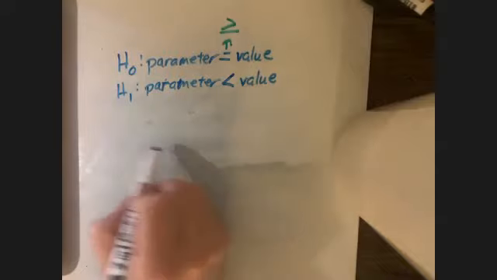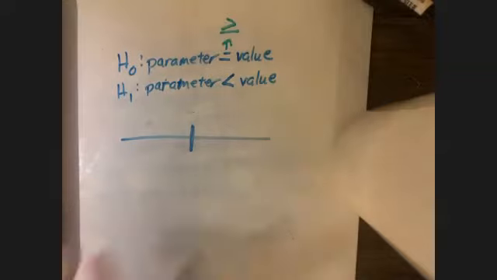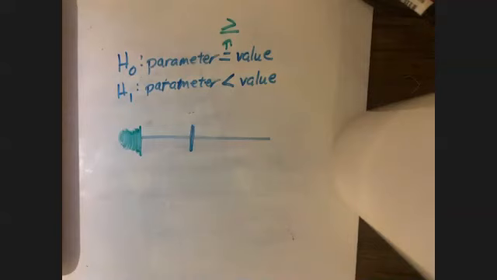Now, for this one, if we look on a number line, this is what we believe. The only way you're going to make me change my mind is if you give me enough evidence to bring that answer down here, okay? So an example of this might be, I believe the average gas price in America right now is $2.15, okay? Now, if I can bring enough evidence to show that it's actually less than $2.15, and guys, if you've been out to look at gas prices recently, I've seen stuff down in like the $1.55, $1.60 range, okay?